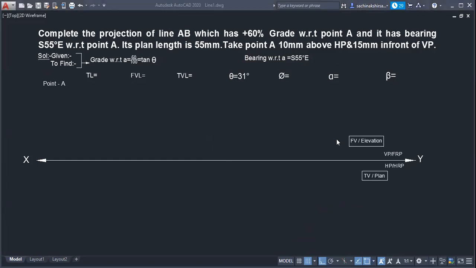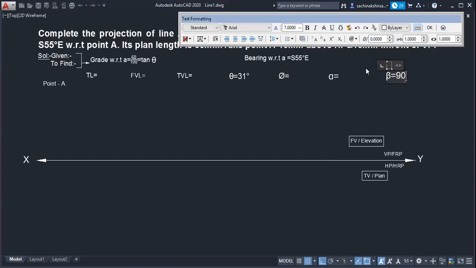So how can we find beta from the given bearing? 90 minus 55 equals 35.